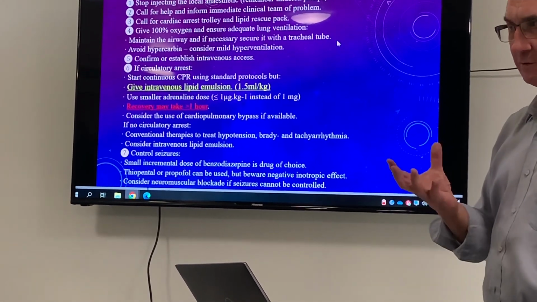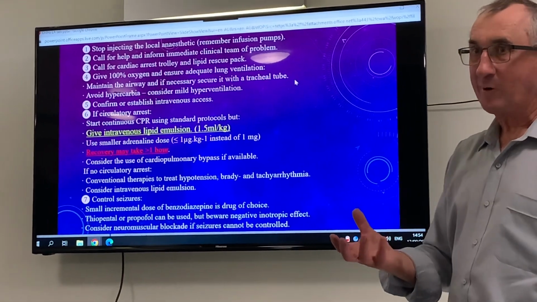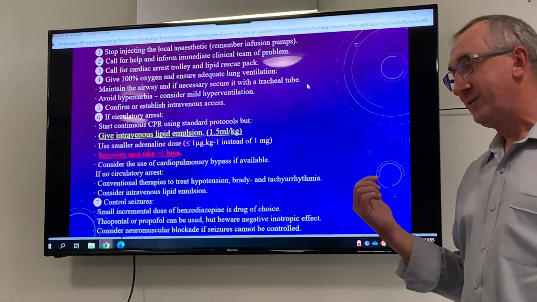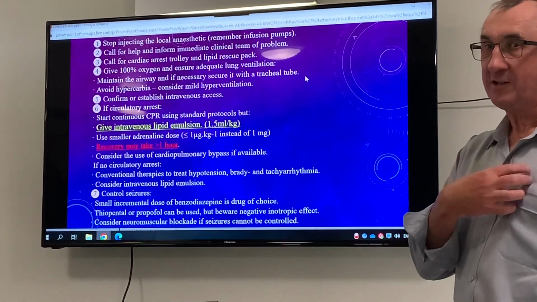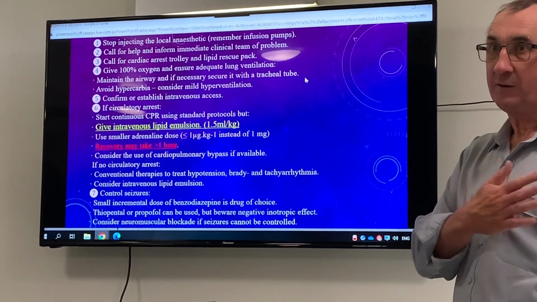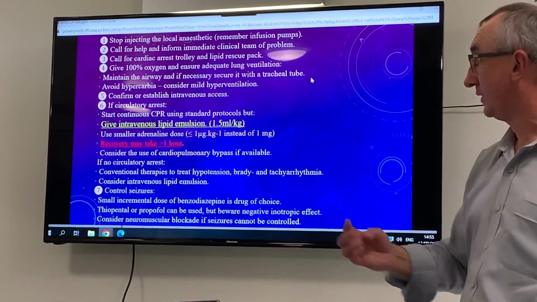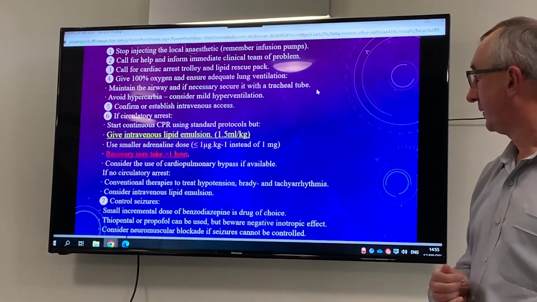Bupivacaine is a long-acting local anaesthetic, and the same way we use it for good by numbing nerves, it attaches to the nerves in the heart, and because it's so long-acting, you get prolonged anaesthesia of the conduction system in the heart, and these patients need prolonged CPR.